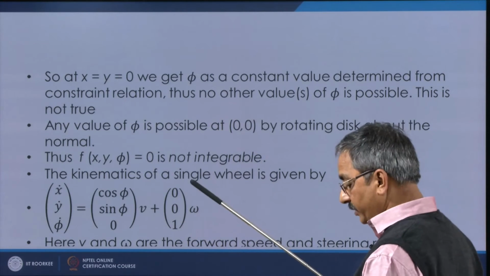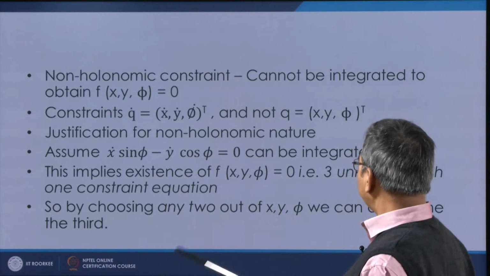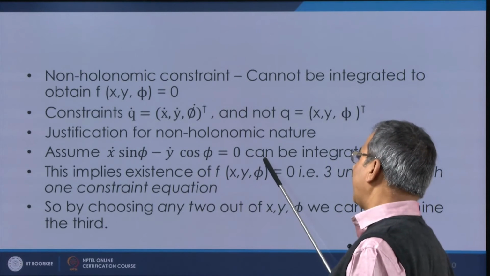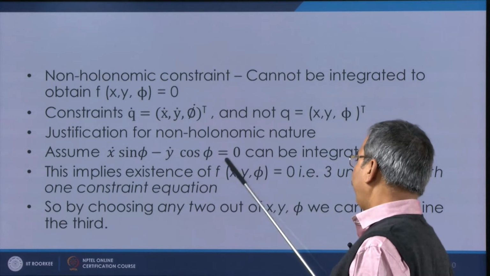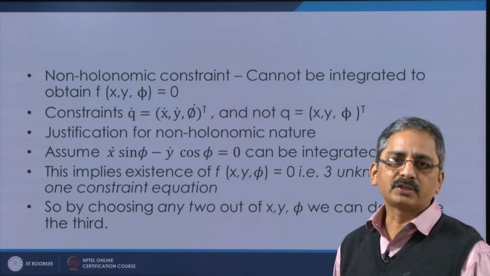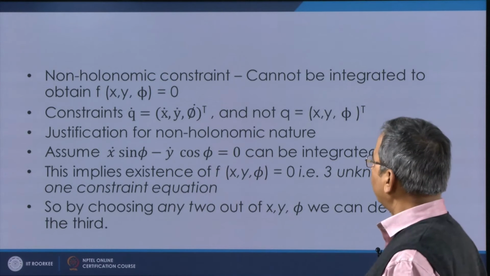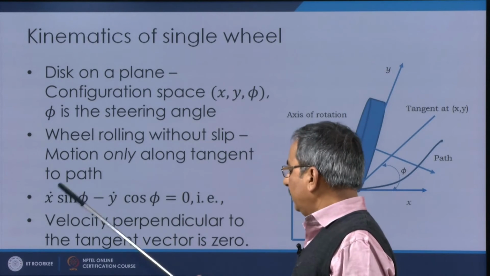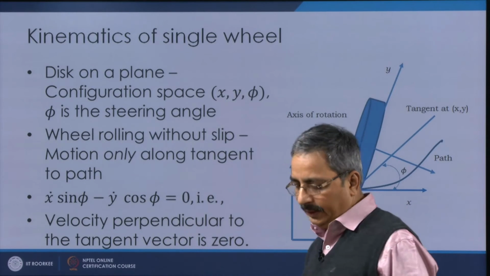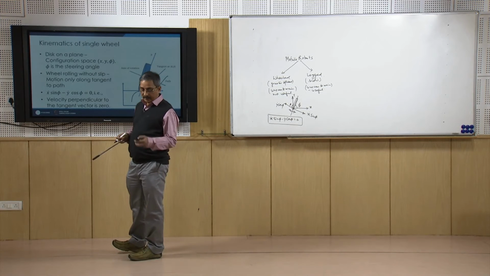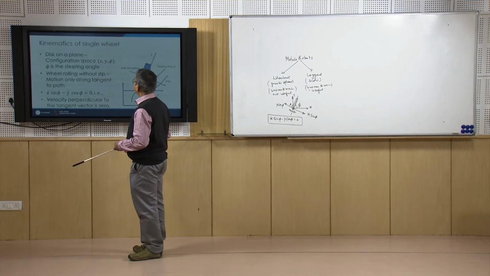So our assumption that this expression can be integrated in order to get a function in terms of x, y and phi is totally wrong. So, it implies that this expression is a non-holonomic expression, that is, by integrating this you cannot get a displacement relationship.